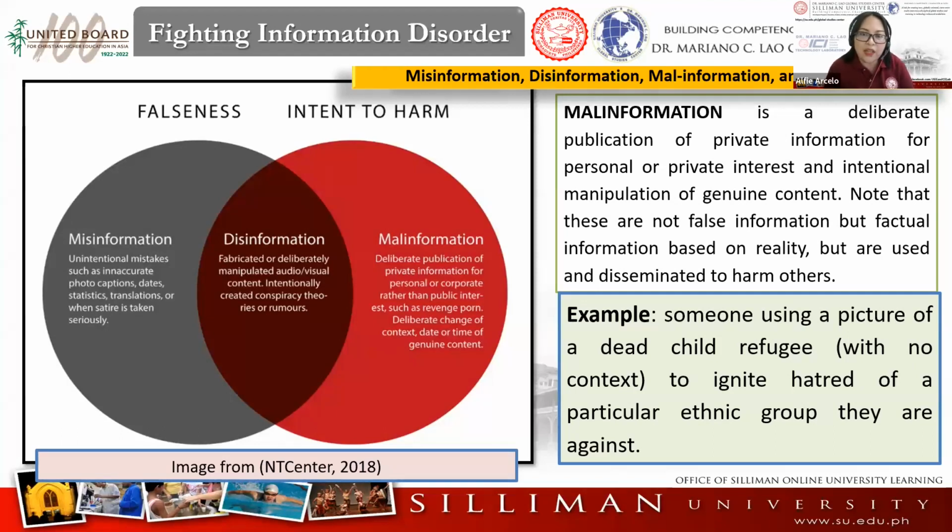In here, the example was a picture of a dead child refugee with no context. It was ignited because of the post or the text that you placed in order to give more hatred, or maybe sympathy, for an ethnic group.